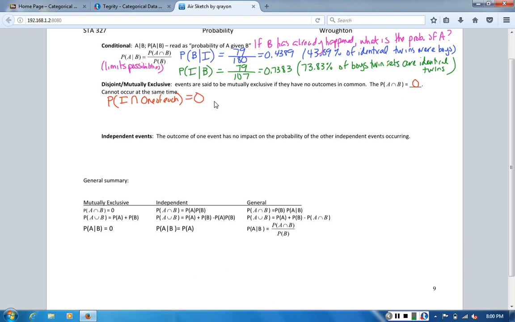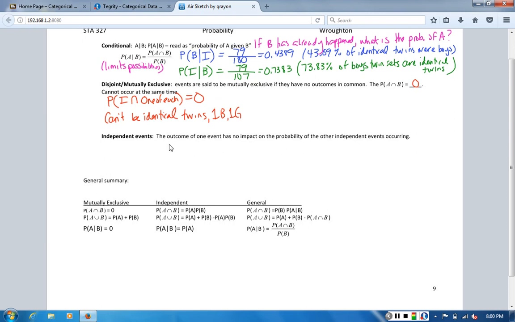And hopefully this makes sense, because you can't be identical twins where you have one boy and one girl. Right? That's not a possibility. So that's just what it means to be mutually exclusive, is you can't happen at the same time. Very nice, very easy to see.